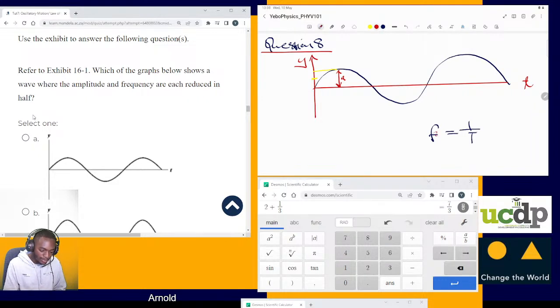If we reduce the frequency, it means the period should increase. The time taken to complete one oscillation will be greater. So if this was completed in 2 seconds, then at 2 seconds for the new graph, we will be halfway. We would have completed half the oscillation.